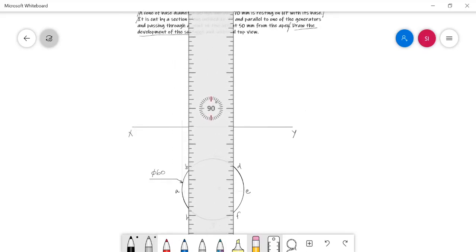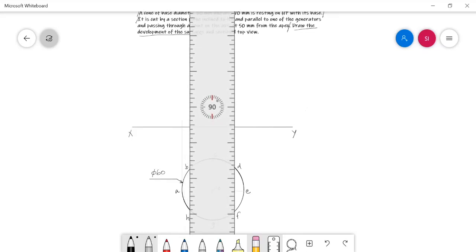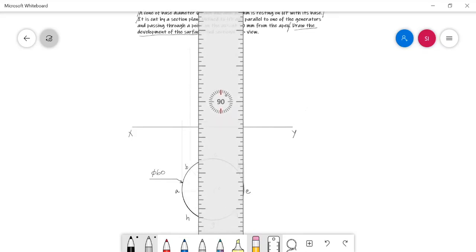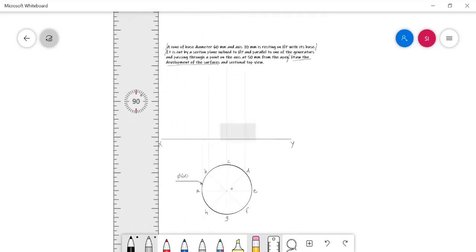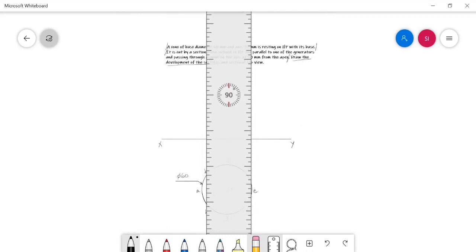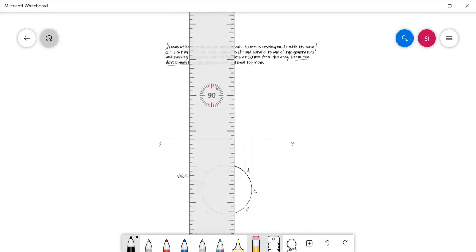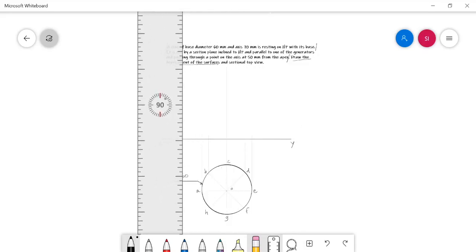Now I am projecting each and every base point and the apex into the front view in order to draw the front view of the solid. The axis height of the solid given in the problem is 70 mm.